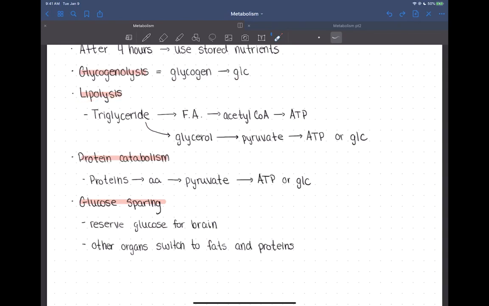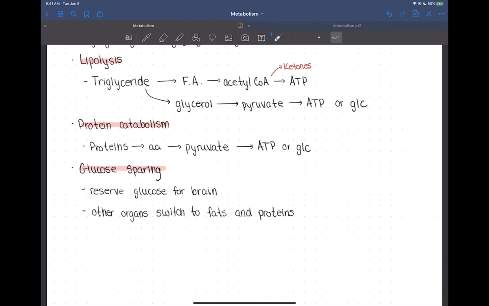As we talked about just a second ago, we can break it down to fatty acids, and those can be used to make acetyl CoAs, and that can be made into ATP. Don't forget that the extras are converted to ketones. Okay, and then the glycerol can be made into pyruvate, which can make ATP or glucose.